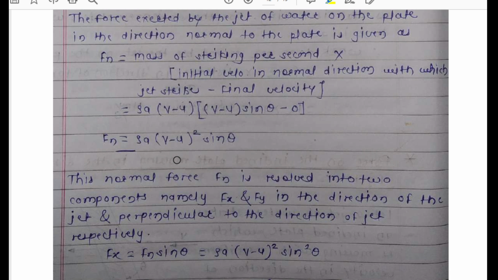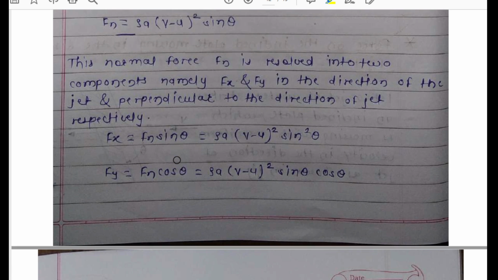Now this normal force can be resolved into two components, Fx and Fy. Fx will be Fn sine theta, and Fy will be Fn cos theta. These are very simple geometrical calculations, and I am not going to explain them in this video, because I have already explained this in the inclined stationary plate video.